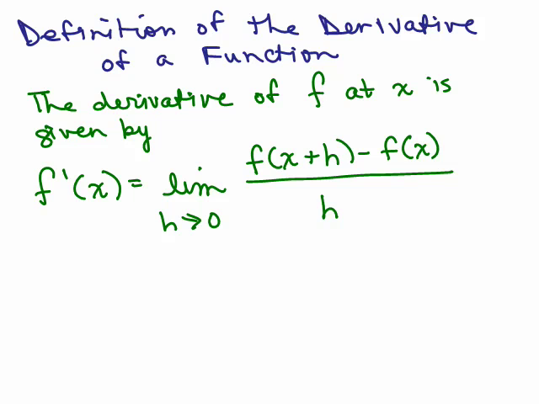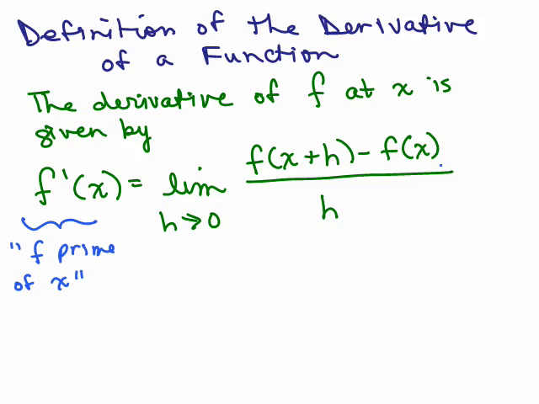So here's the formula you've been waiting for. The derivative of a function is the definition: f prime of x, that's the way we read this, is equal to the limit as h approaches 0 of this difference quotient.